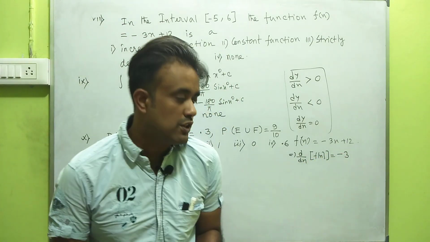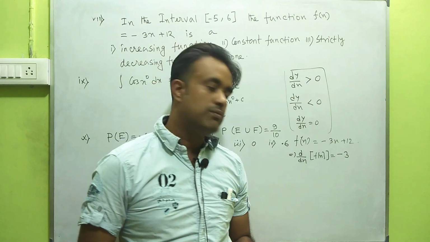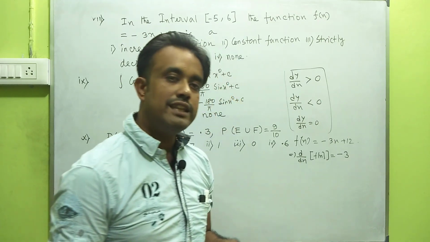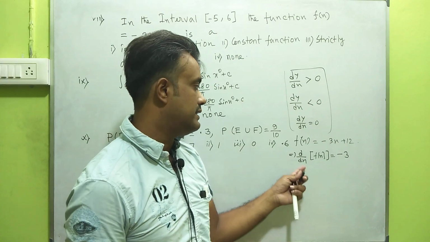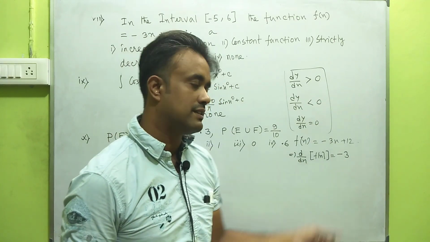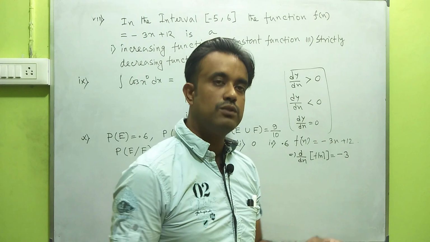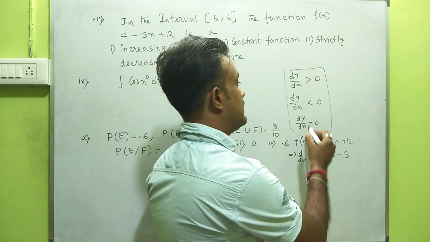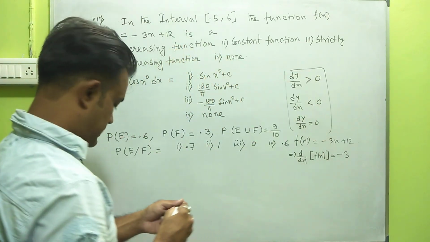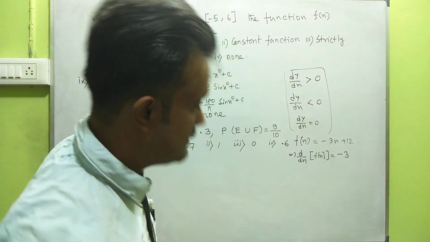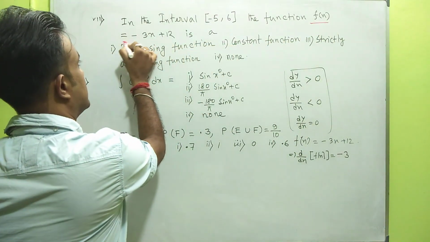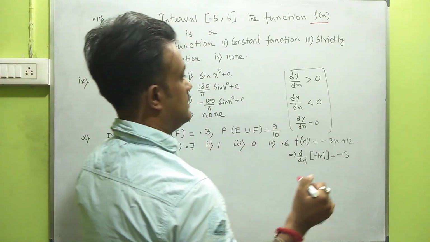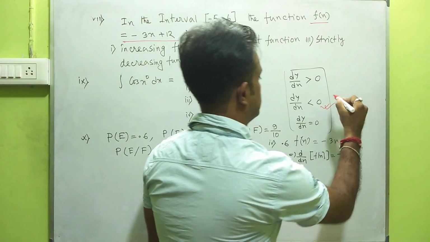So d/dx of f(x) is equal to minus 3 for any values of x, for any point, for any interval. So for any values of x, the derivative of this function f(x) equals minus 3x plus 12 is always less than 0.